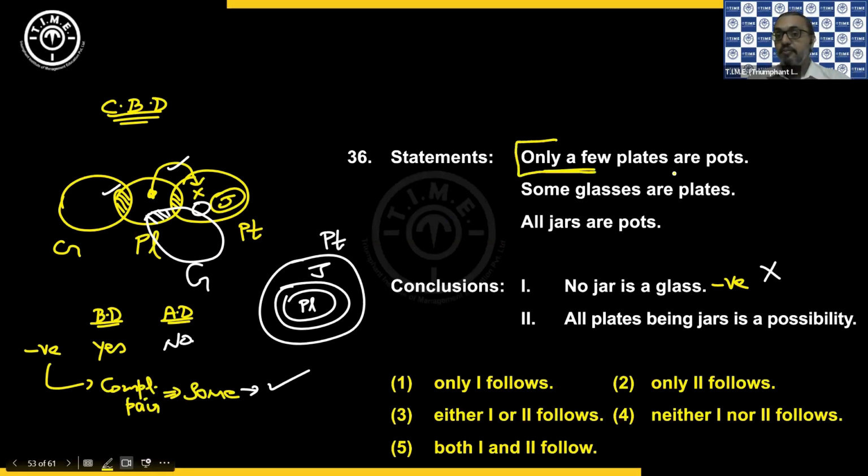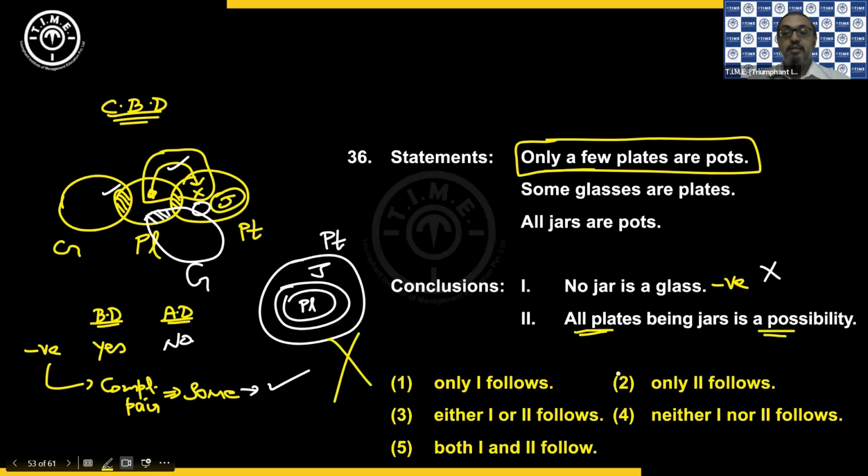See, because of this, only a few plates are pots. See, this is my original relation. There should be some plates, never inside pots. But what is happening here? The complete plates are going inside pots, if I want to satisfy my possibility. So is it possible? No, it is definitely not possible.